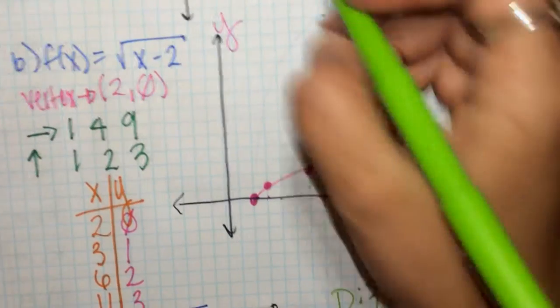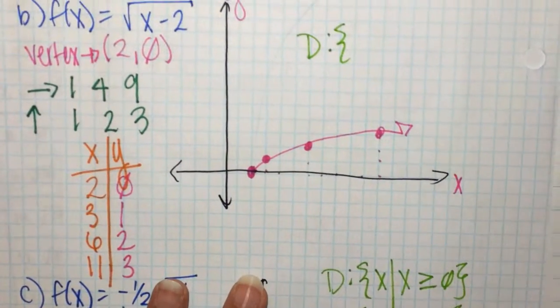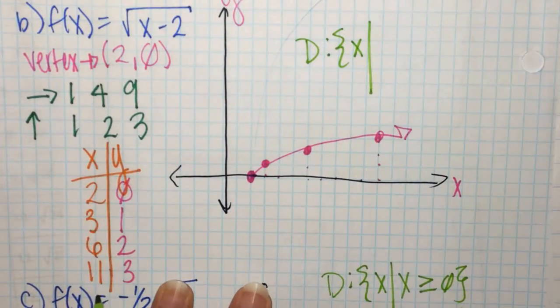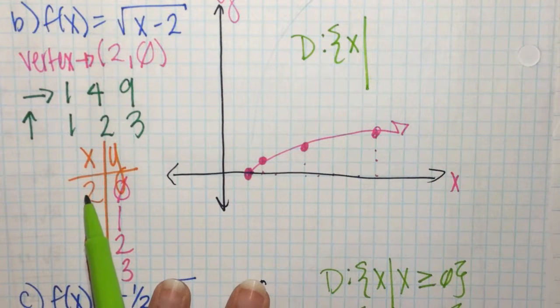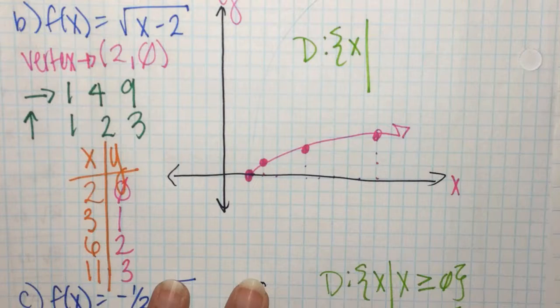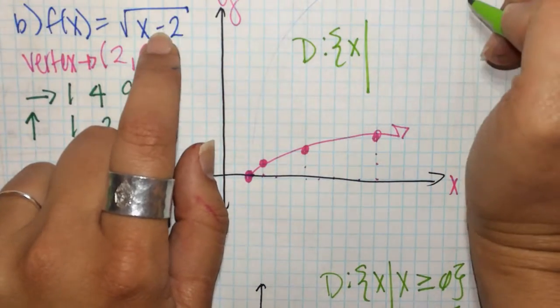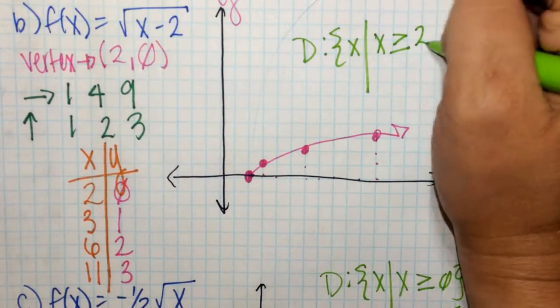All right, let's look at our domain and range of B. Our domain, our x values, did they change this time? Our x values, did we shift? We changed. And did we get smaller than 2? No. Because it would have become a negative. 1 minus 2 is negative 1, so that wouldn't work. So it's x when x is greater than or equal to 2.